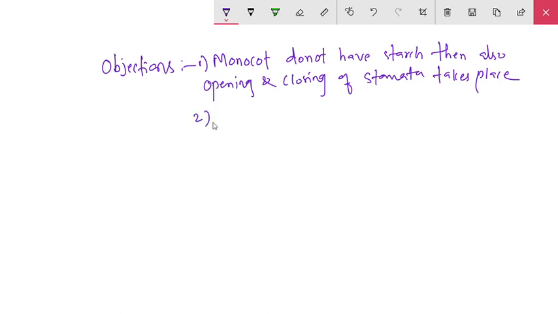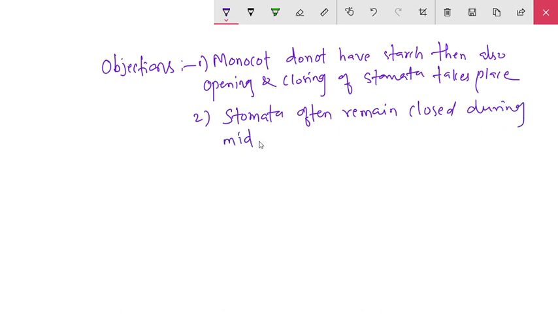Second objection: it has been observed that stomata often remain closed during midday, म्हणजे दिवसाच्या मध्यभागी सुद्धा कधी कधी स्टोमॅटो हा क्लोज असतो.